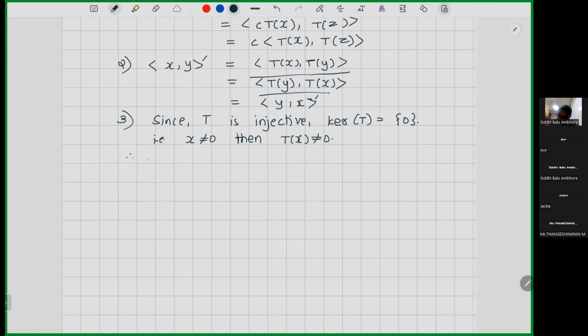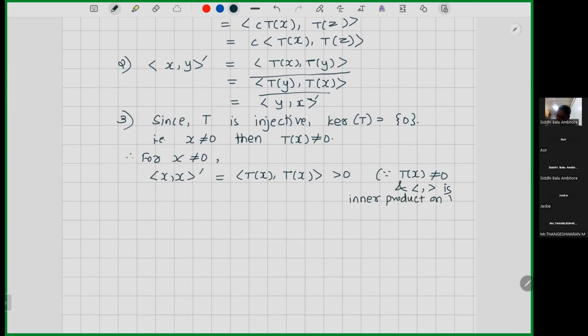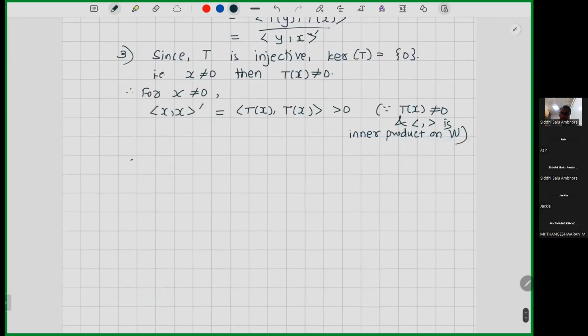Therefore, for x non-zero, (x, x) dash will be Tx comma Tx, and this is greater than 0 since Tx is non-zero and this is an inner product on W. So therefore positivity holds.